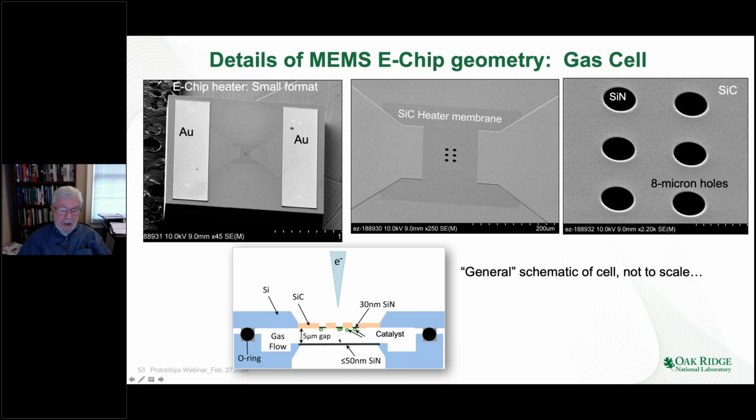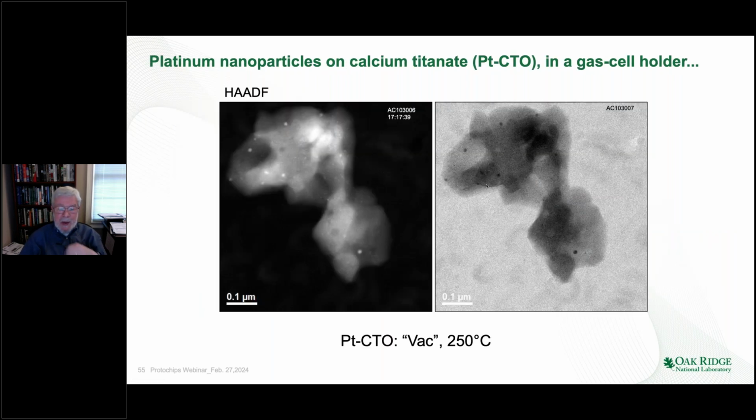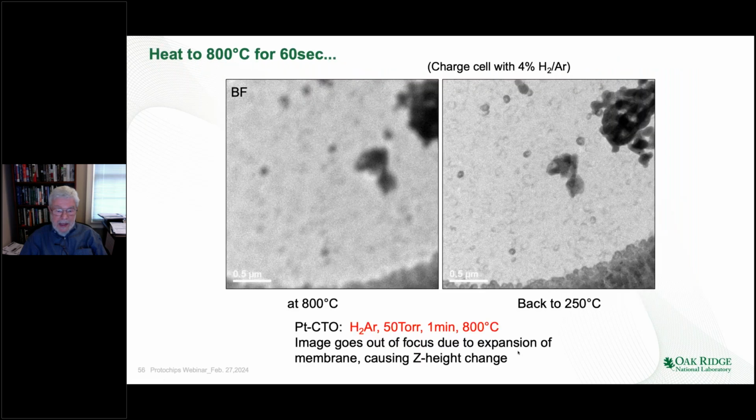We get noisier images because of scattering, but we don't lose resolution to any significant degree. So to make samples, you deposit powder onto the chip, and here's an example of rapid response. Here's platinum nanoparticles on calcium titanate. Here's the before at 250 degrees centigrade. Then you heat it up for 1 minute to 800 degrees with 50 torr.